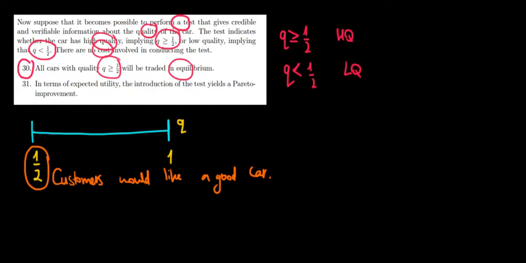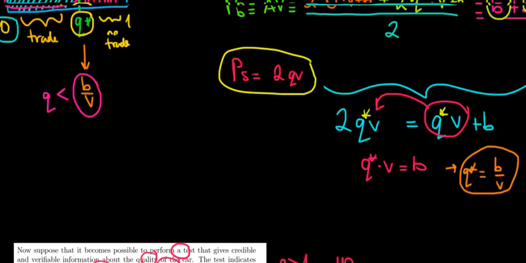Now the buyers still don't know exactly what the quality of the car is. All they know is that it is above 1/2. In other words, the price that they're willing to pay is going to be the average valuation of this range, the average valuation of the quality between 1/2 and 1. So let's calculate that. We will keep in mind the valuation of the buyer in this question.